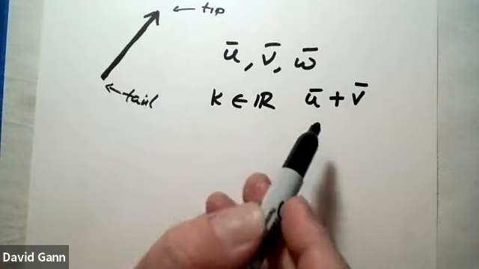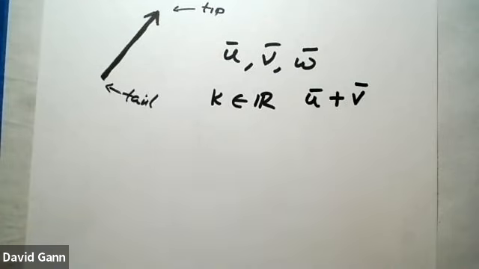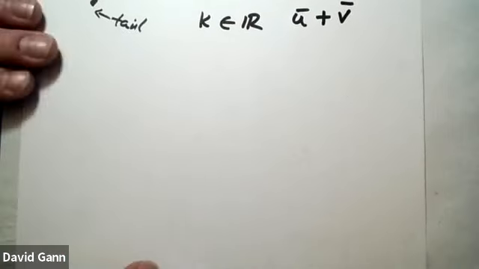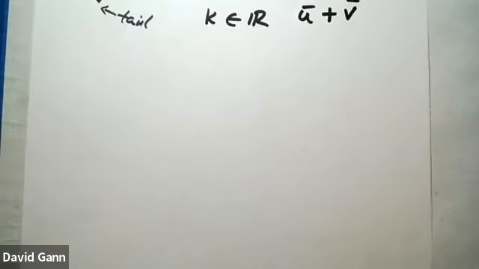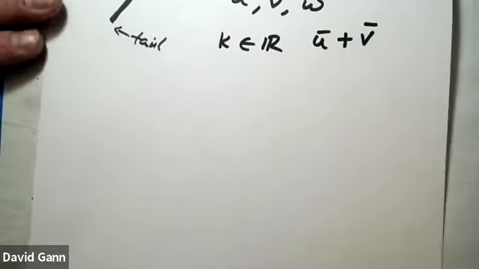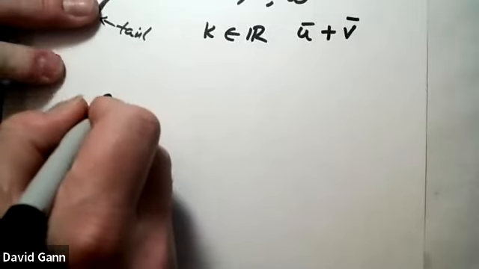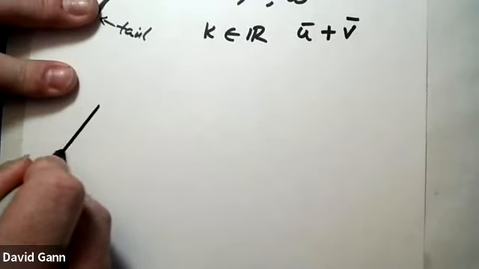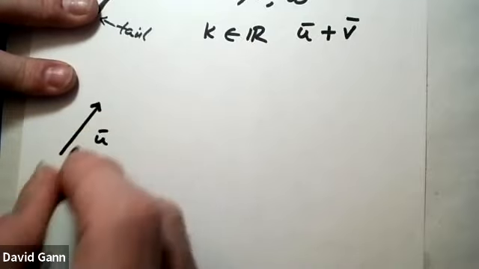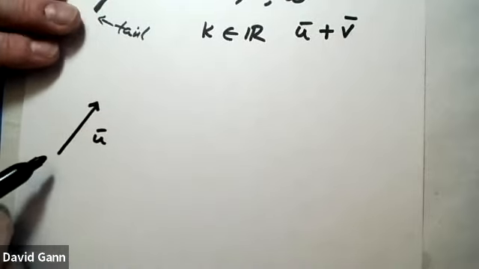So maybe by talking about what plus means in the context of a vector plus itself first, where basically K is 2, that might make sense. So when we talk about addition of vectors, if we're looking at the drawing, what we do is we take a vector, whatever that vector happens to be. Let's call this vector U, and we go tip to tail.